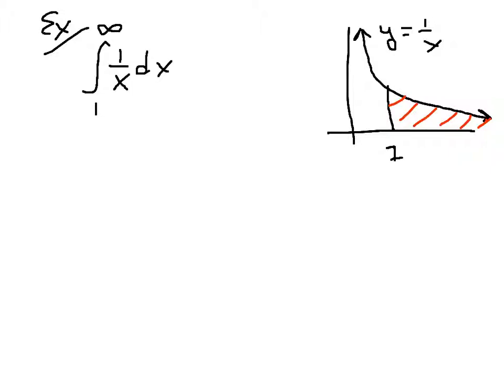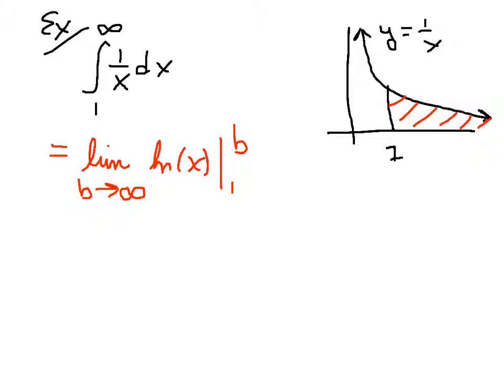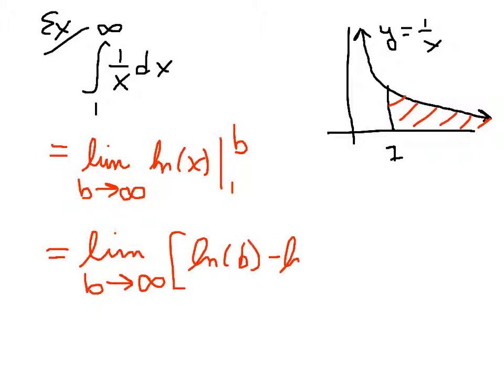And in fact, if we go ahead and we write this as the limit as b approaches infinity of the integral of 1 over x, which is the ln of x, from 1 to b, we get the limit as b approaches infinity of the ln of b minus the ln of 1.